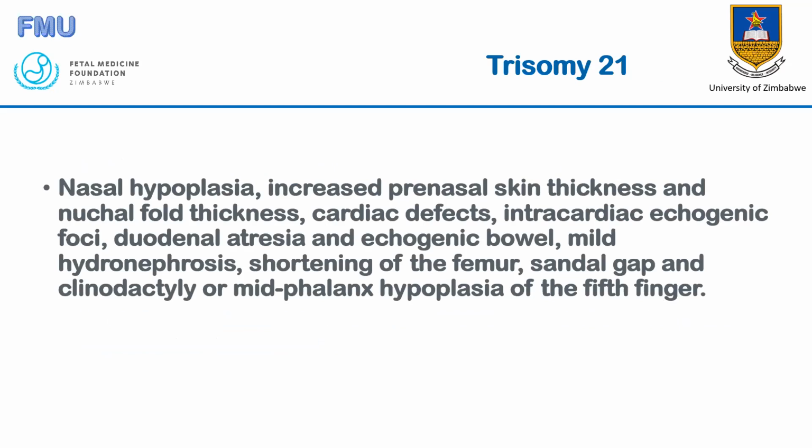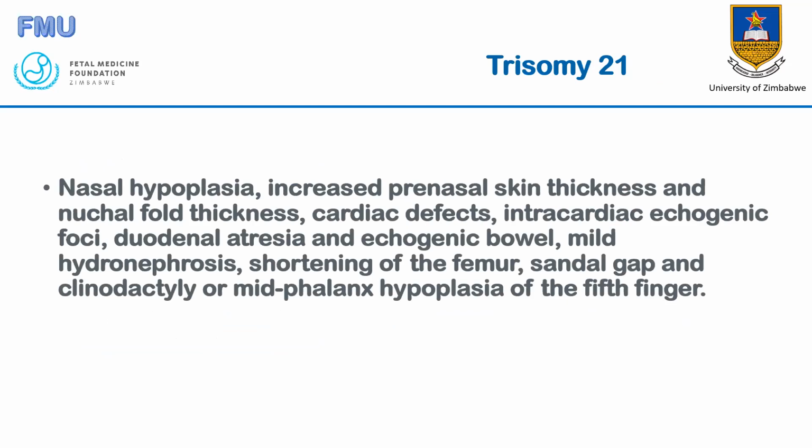Now trisomy 21, what features are common with trisomy 21? Because the question is, with the syndromic pattern approach, when we scan a baby, how do we end up telling the woman that, look, your baby is likely to have trisomy 21 or trisomy 18 or trisomy 13 or triploidy?